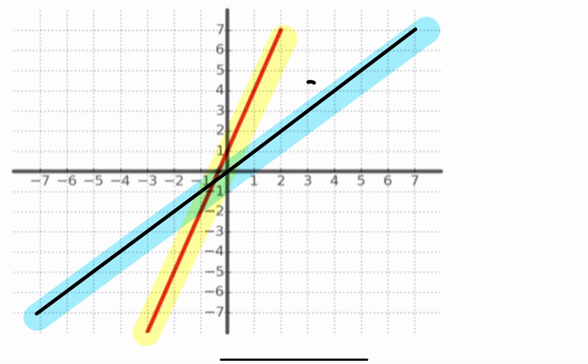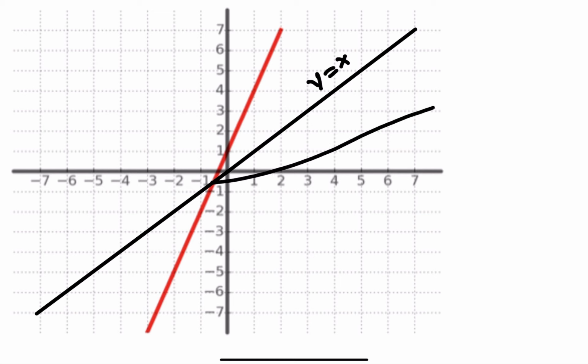Remember, this is the line y is equal to x. If you want, you can go ahead, pull out your points. But what I'm going to do is just flip it. So when I'm flipping this, I'm going to start from here. Not perfect, but I'm just going to bring this down here. And I'm going to flip this line.